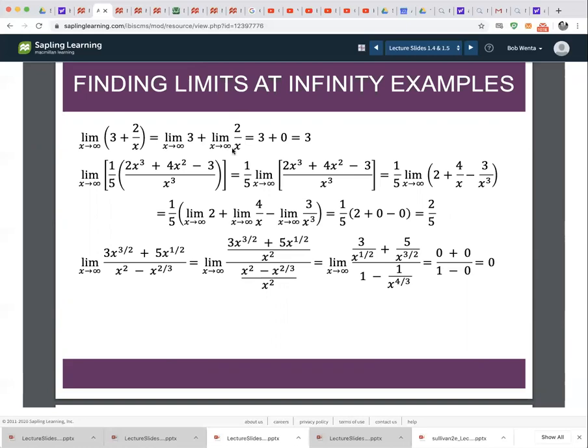The limit of 2 over x, as x is going to infinity, this is getting huge on the bottom. Therefore, this is getting smaller. It's going to 0. So this is 3, this is 0. The answer is 3. All right, and the idea is you can look at this initially and recognize 3 plus 0. You can go to this immediately and see that that's the answer.